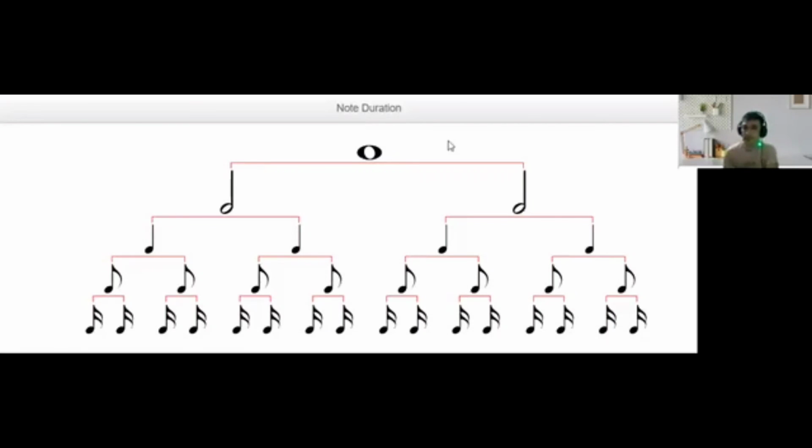We have the whole note, half note, quarter note, eighth note, and also the 16th note. Here is an illustration of how these notes work with each other and how they are related to each other in this lesson.